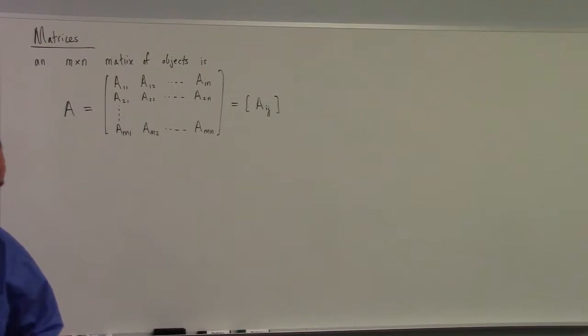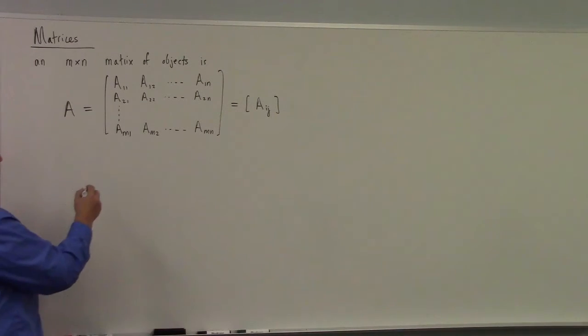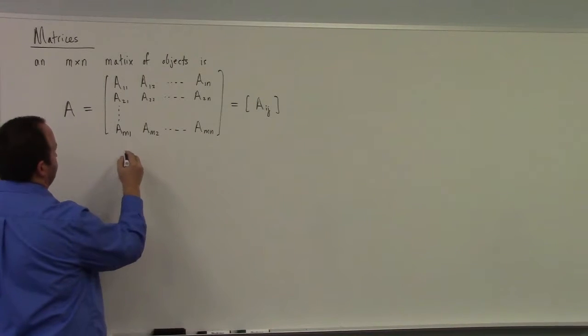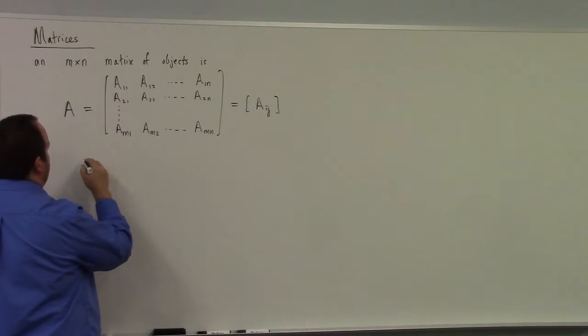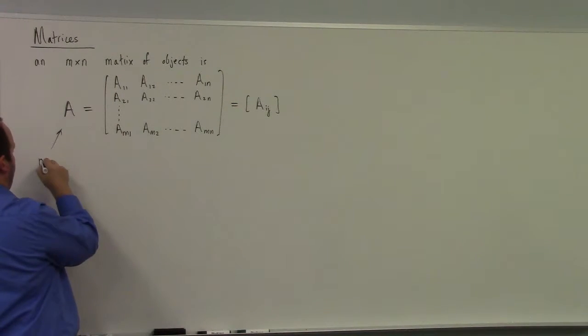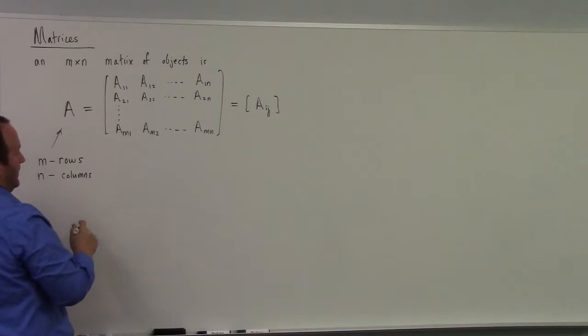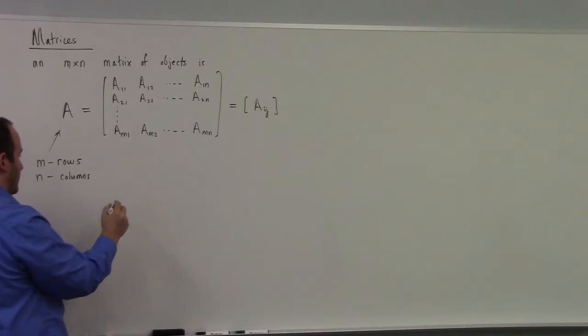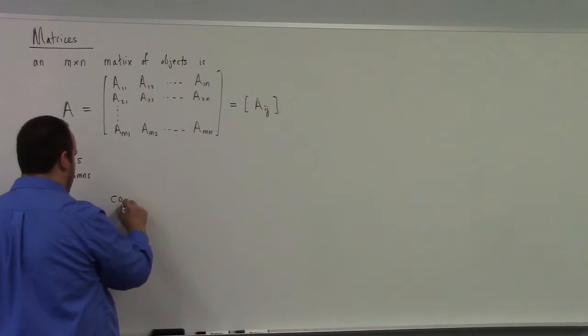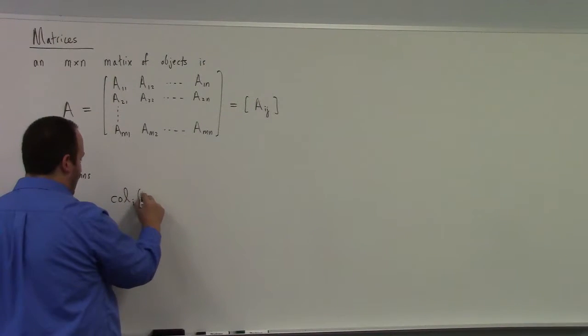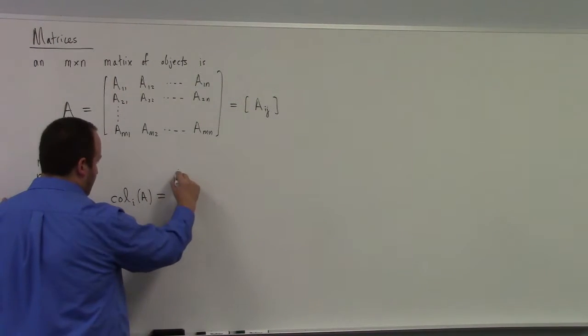It keeps track of rows and columns. How many rows here are there? So we have m rows, n columns, right? So for example, the ith column of A is equal to, what is it equal to?